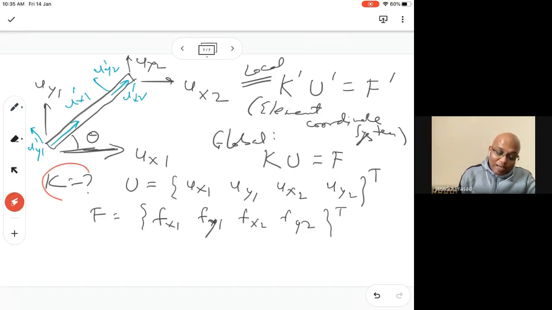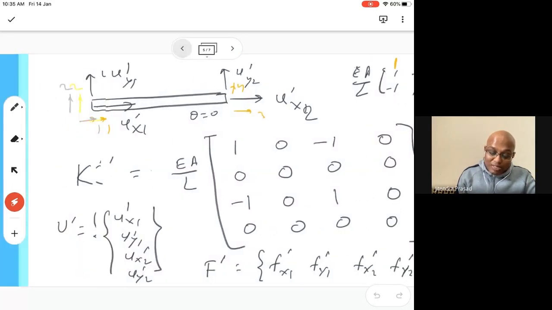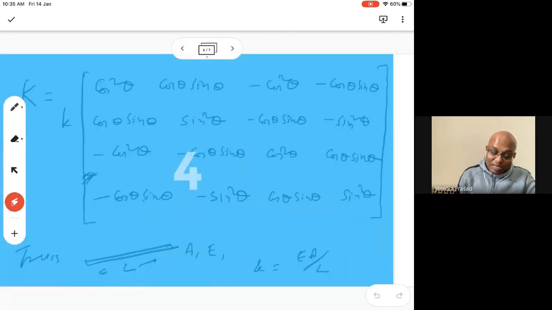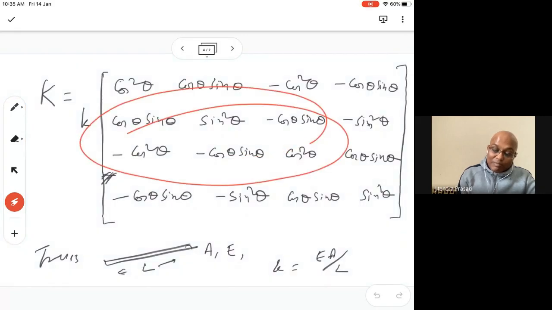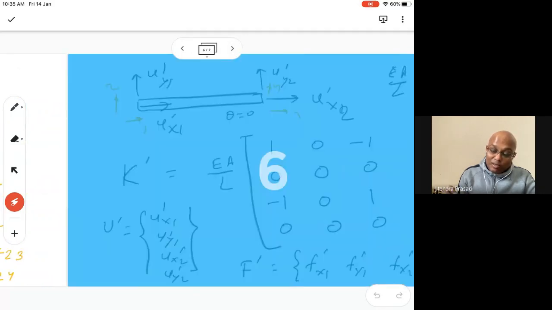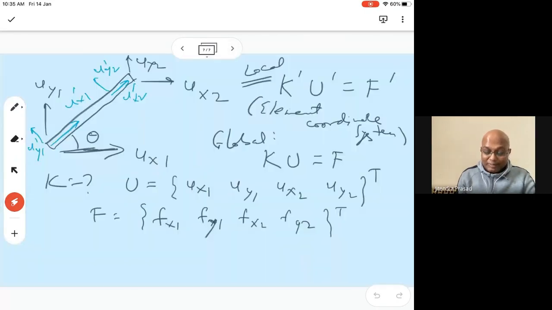We have to find out what the k is. We found k earlier with another method, but now we want to find the actual one, meaning the other method we are applying.